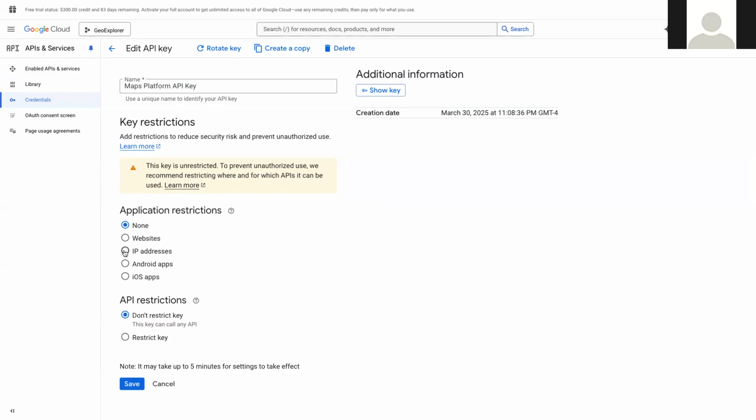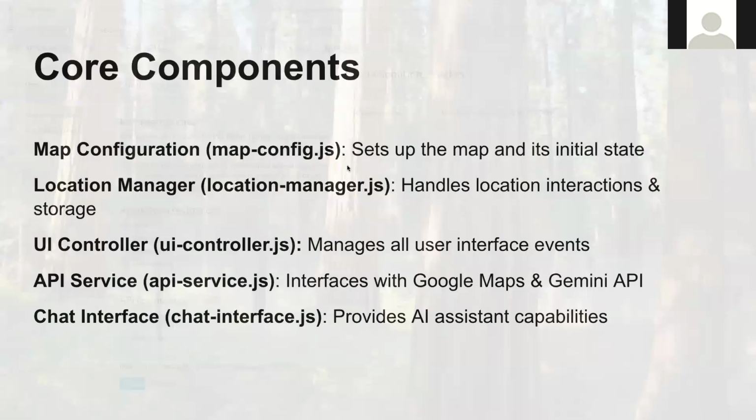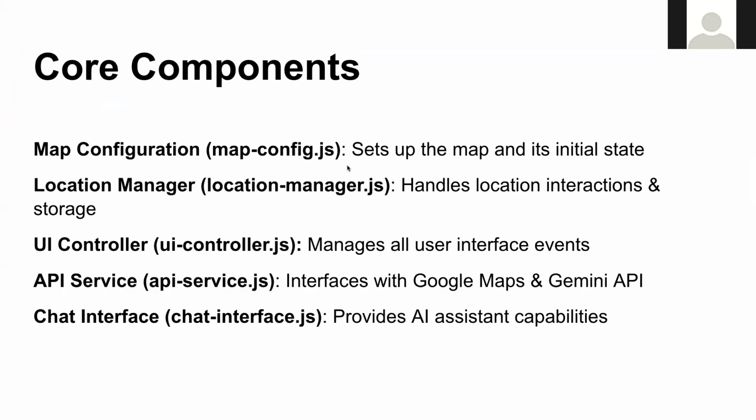Maybe if I select IP address and localhost, it will allow me. If you want this to run on a specific application, select website, or to run on a specific server address, which is static, not changing, you can add those as well. If you want to allow a specific Android app or iOS app, you can select those options. So pretty comprehensive options to restrict your API usage, so that even if someone steals your API key, they are not able to use it outside your application or your server, right?